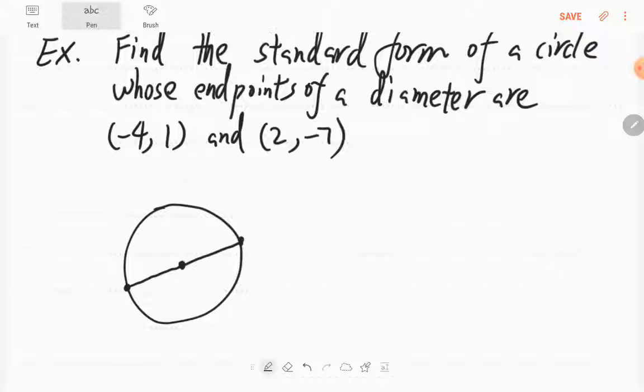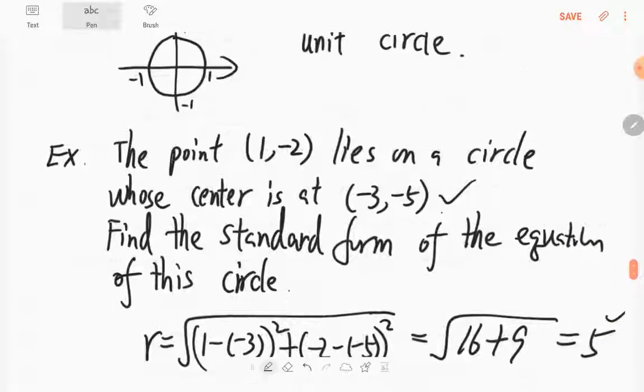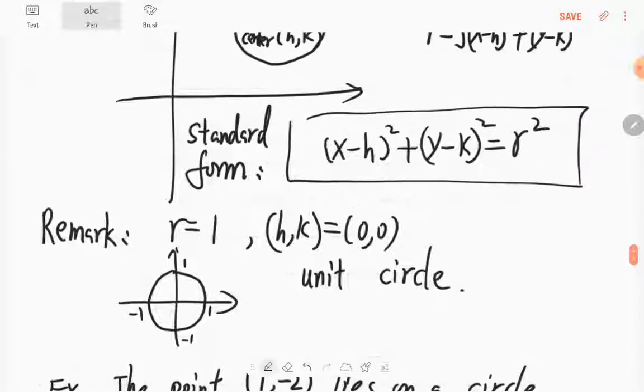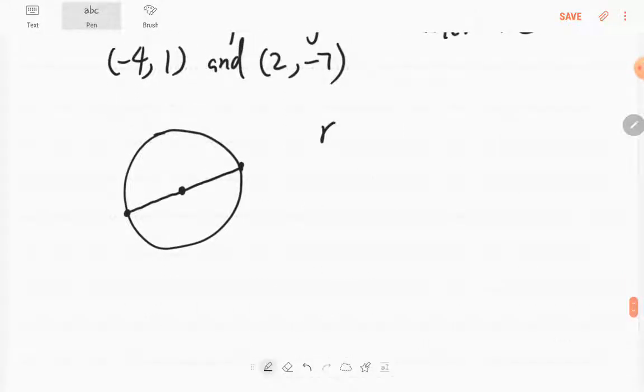Okay, so we can calculate. The first thing is the diameter is double the radius, right? So if we compute the distance between these 2 points, then divide by 2, it would give the radius. To find the standard form of the circle, we need 2 things. We need to know the center, h, k. We also need to know the radius, right? So the radius is the first thing.